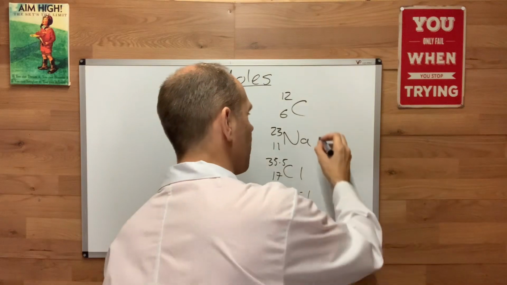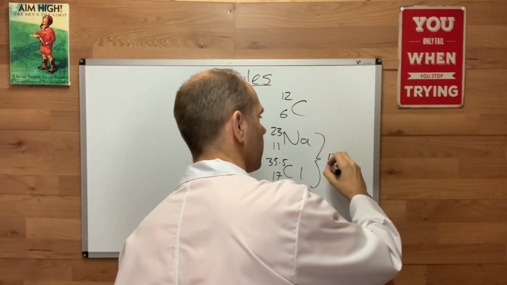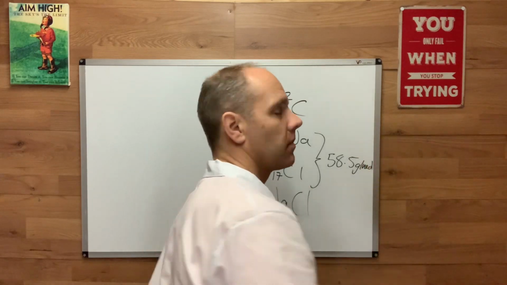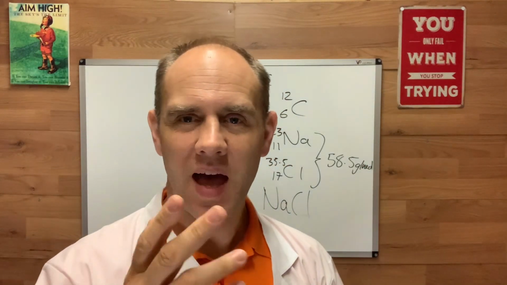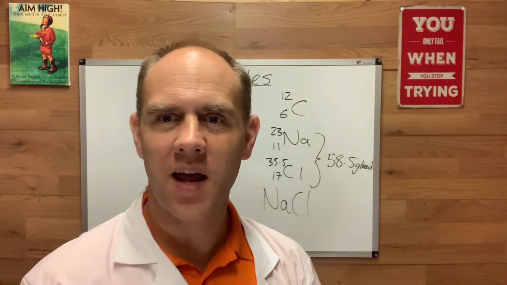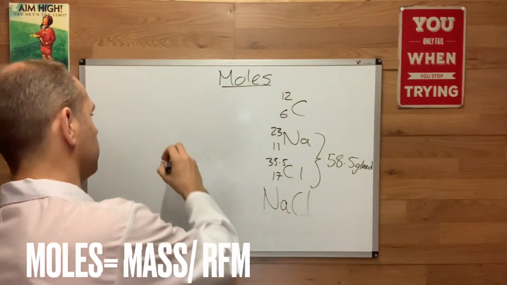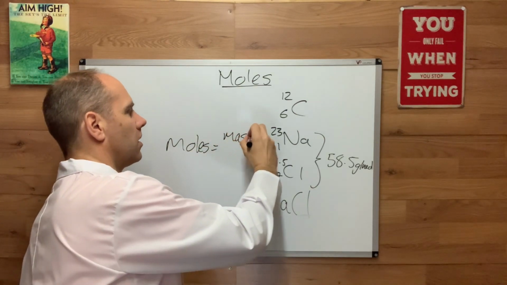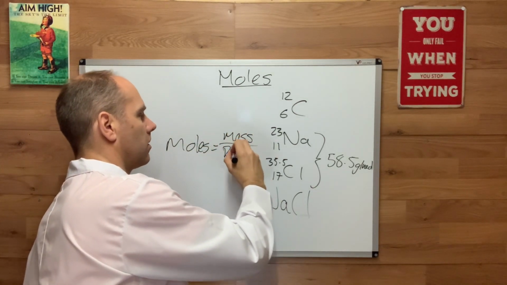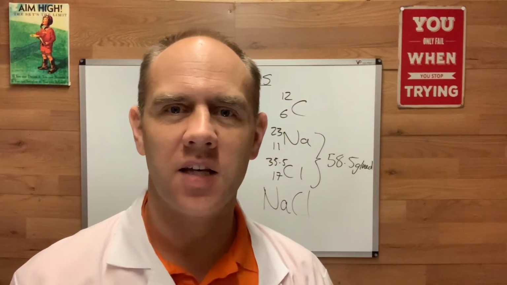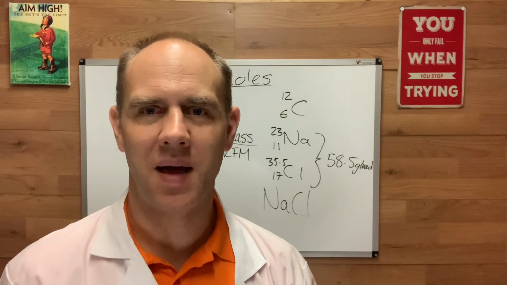So that happens to be our relative formula mass. Now if we want to find out the number of moles, we take the mass and we divide it by the relative formula mass.